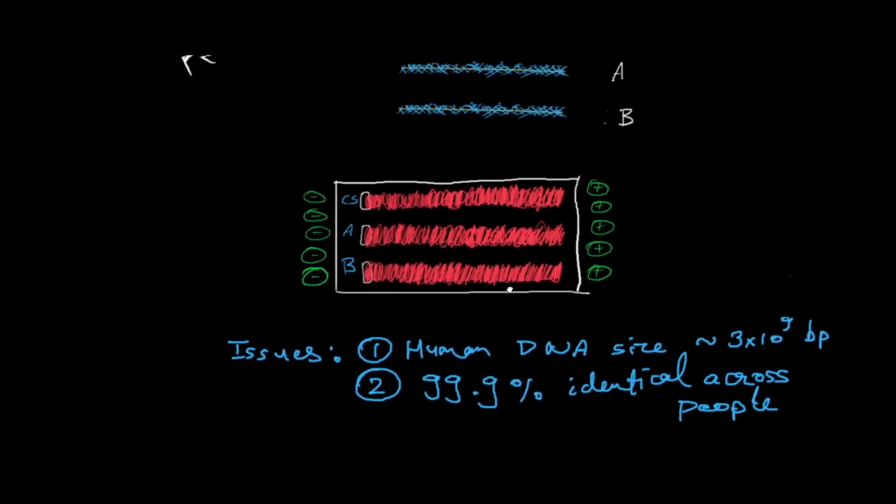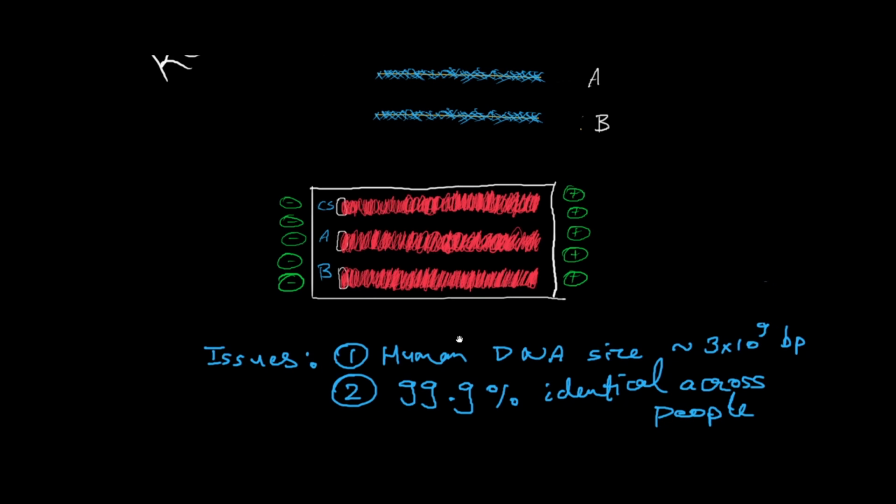And we discussed that the reason why this would happen is because we have a twofold problem here. One has to do with the sheer size of the human DNA, which is why you have so many restriction fragments forming, and the other part of the problem is that most of the human DNA is identical across people. So we can't even hope to see a difference that would be visible to the naked eye in an electrophoresis pattern between people.